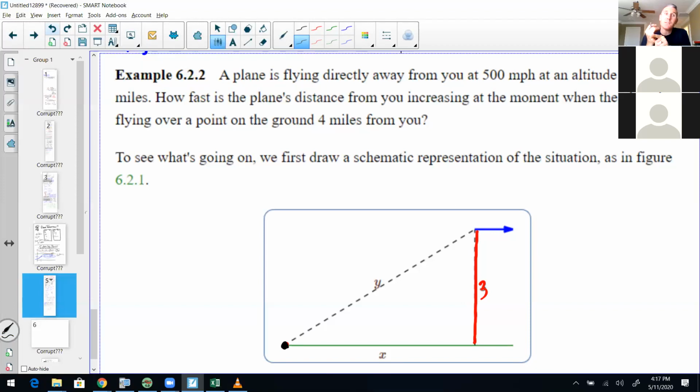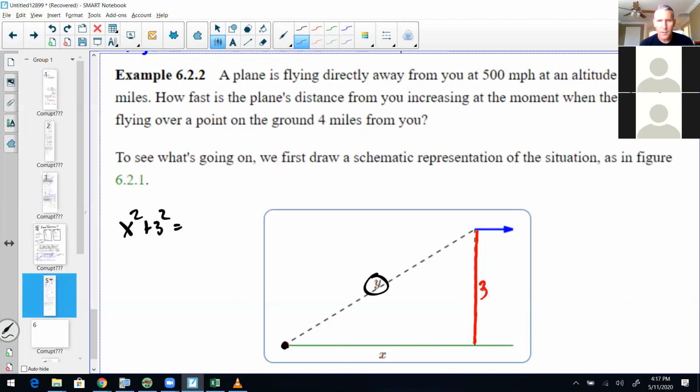So first of all, you have to understand the problem and introduce variables, and then implicitly differentiate. After you differentiate, then you can introduce what they give you in terms of the other values, like 4 miles and all that stuff. So just looking at this, I would say x squared plus 3 squared equals y squared. They call this y.